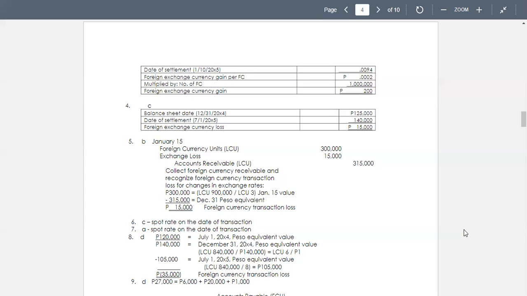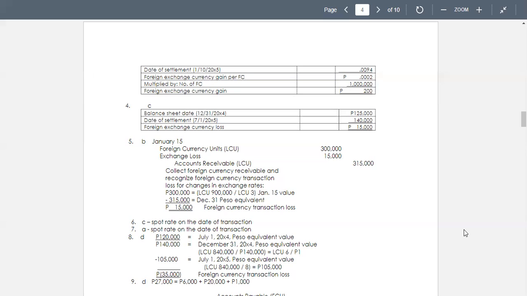Then on December 31, 20x4, the peso equivalent value is taken by dividing 840,000 by 140,000.